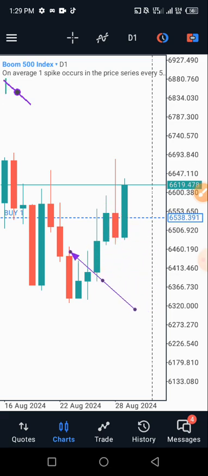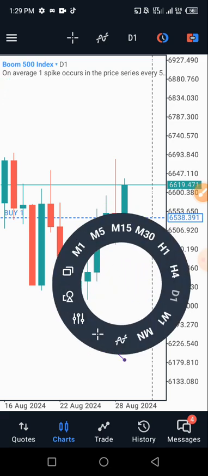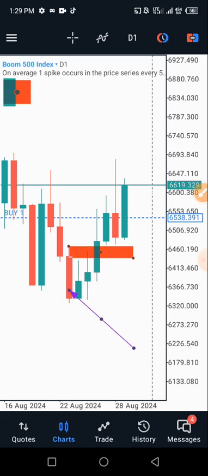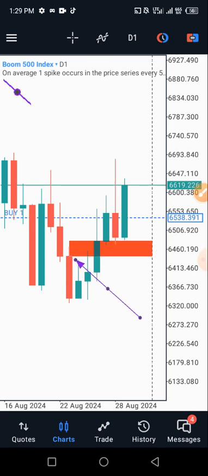We want to mark out this level first of all with our red zone, marking from the close of this buy candle to the close of this sell candle, or rather the opening here. We are just going to highlight that particular level, because we can see that the market actually turned from this level and broke out again, so it means that the market makers are really interested in this particular area.